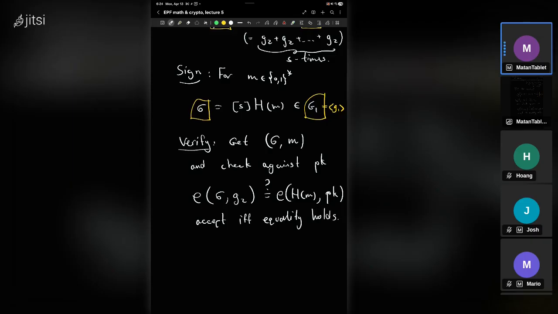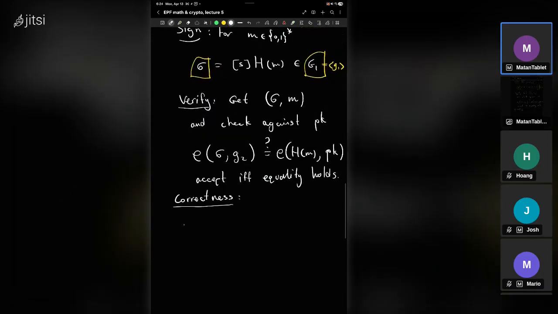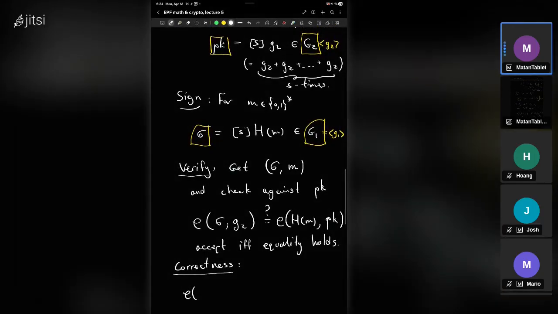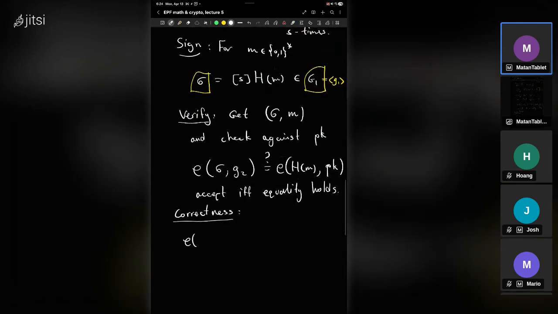Now, why is this verification sound? I mean, correct, let's say. So correctness. This is exactly the property of bilinearity. Let's say somebody was an honest signer. They have a public key sG2, so the secret key is s, and they signed a message using this.